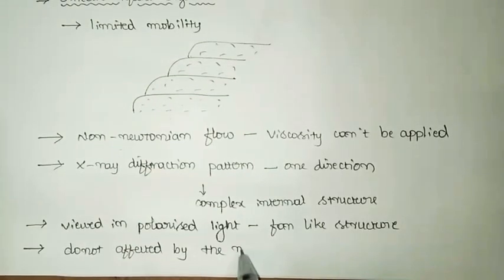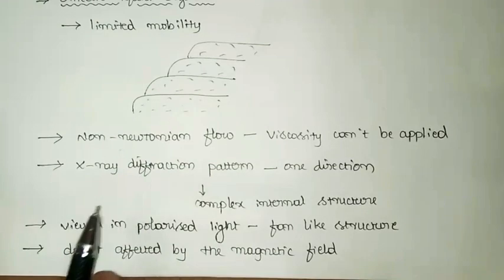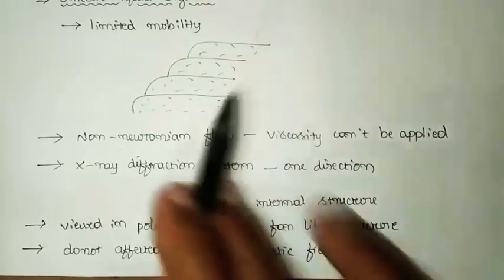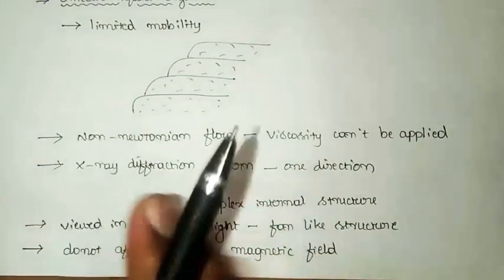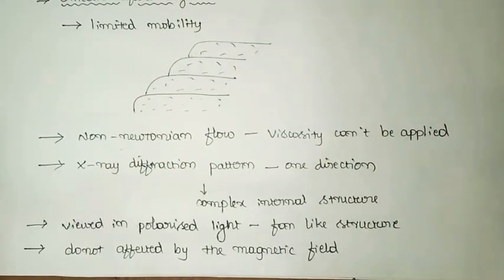That means the domains present in them will not get disturbed by the applied magnetic field. The domains will not get oriented in any other direction in the presence of an external magnetic field. That's why we say they are not affected by the magnetic field.